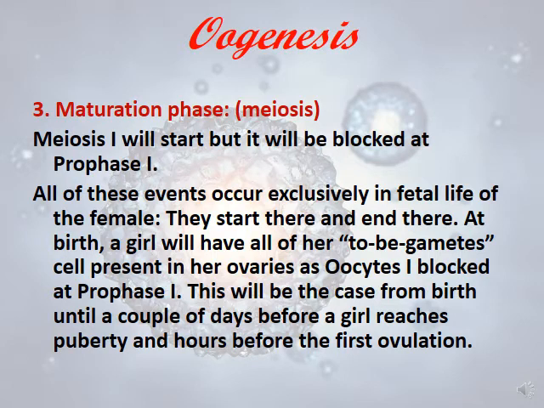At birth, a girl will have all of her future gametes. All of them will be present in her ovaries as oocytes 1 that are blocked at prophase 1.